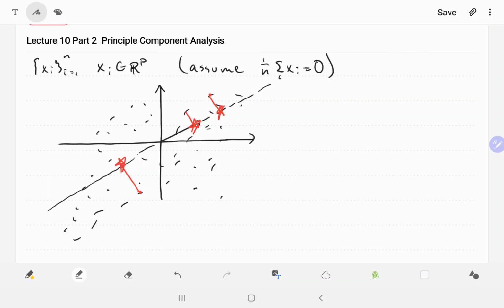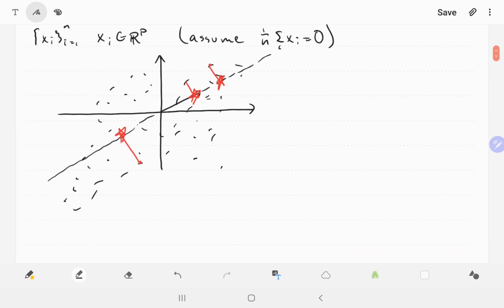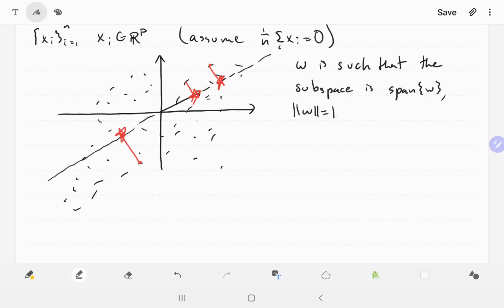Let's think about the specific case we're considering right now, a 1-dimensional subspace, where w is a unit vector such that the subspace is the span of w, with the norm of w equal to 1.